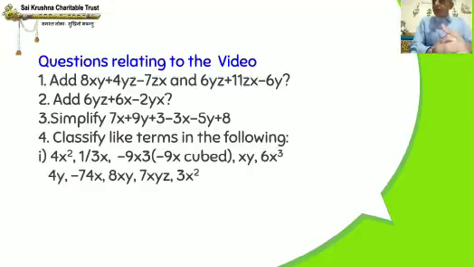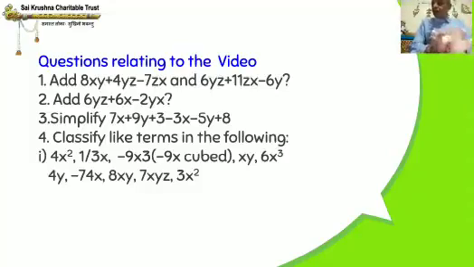They are 4x squared, 1 by 3x, minus 9x cubed, xy, 6x cubed, 4y, minus 74x, 8xy, 7xyz, and 3x squared. The first problem is also very simple: 8xy plus 4yz minus 7zx, and then 6yz plus 11zx minus 6y.